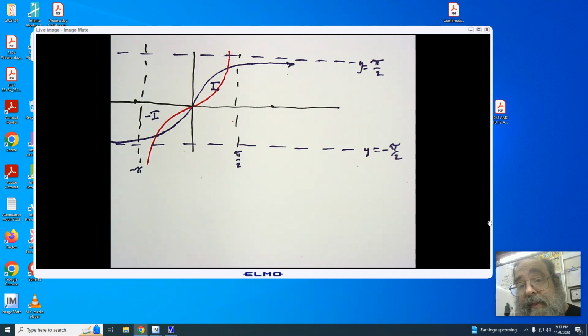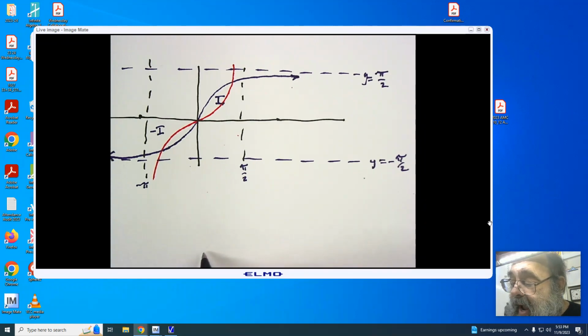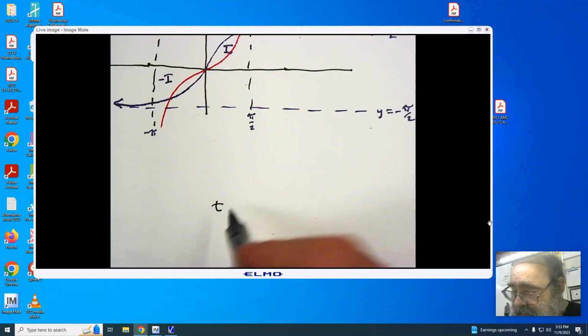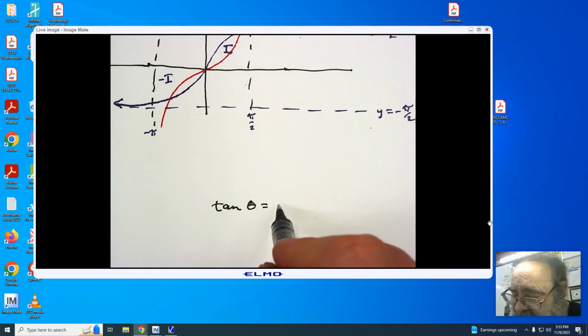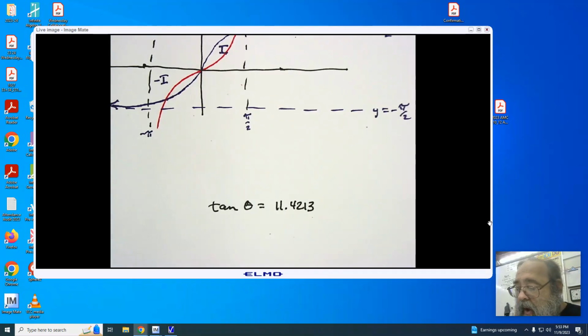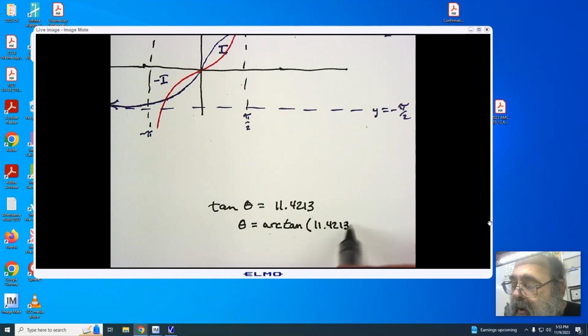Let's go ahead and start with the tangent that's positive. So let's say we have the tangent of theta is a positive 11.4213. We're going to use the arctangent, so theta equals the arctangent of 11.4213.